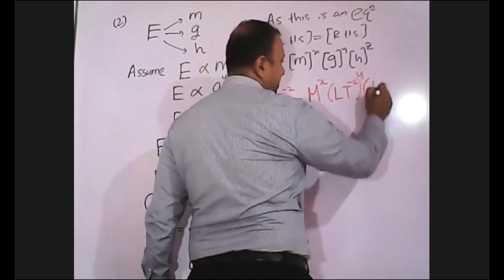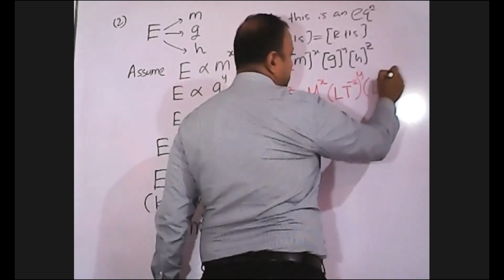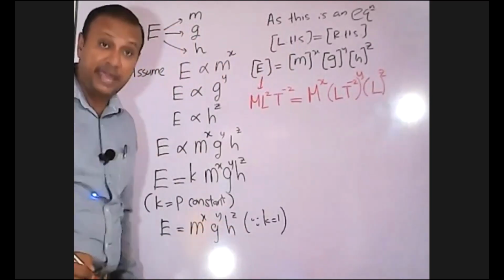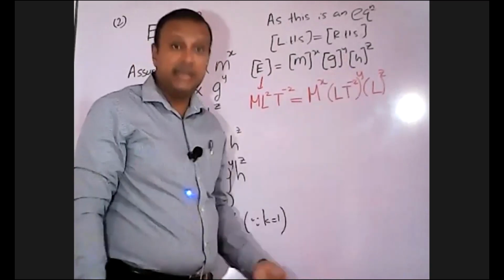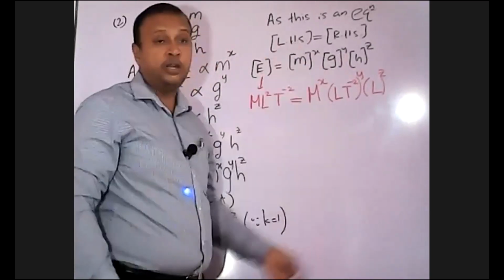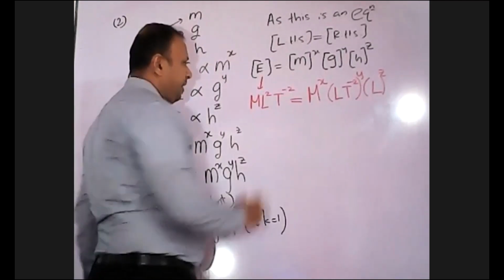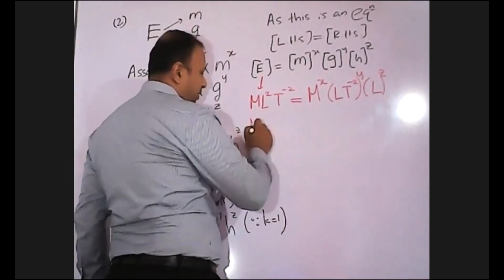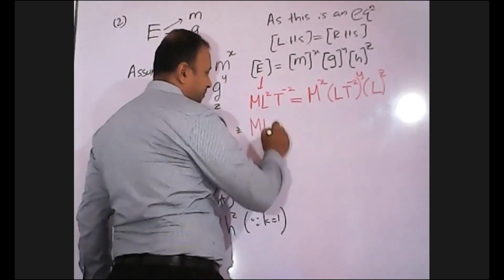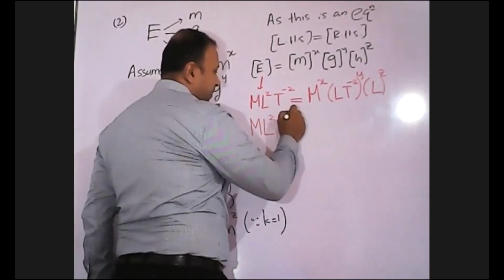H is a height, and height means length. The dimension of length is L. Then you have to simplify this one.